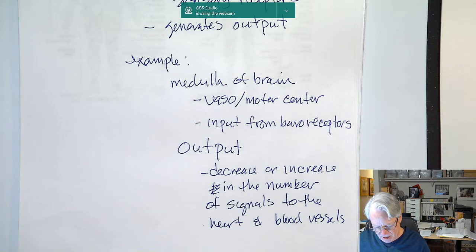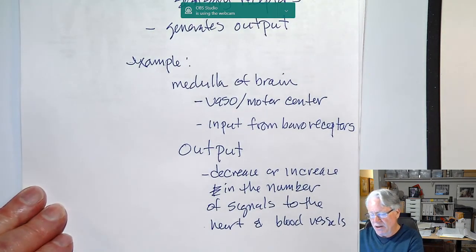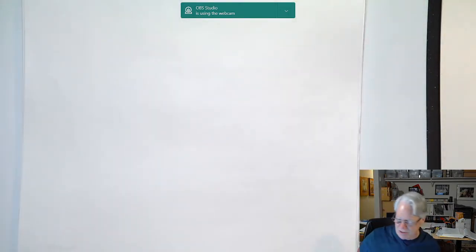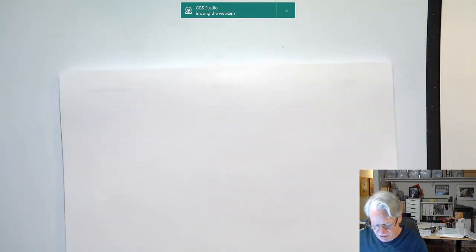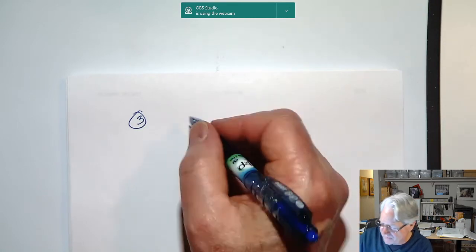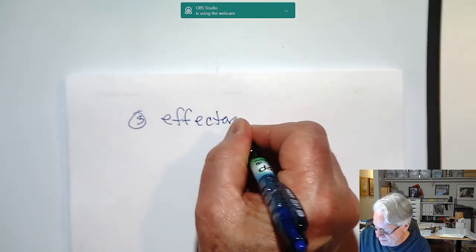Okay. Now, the final piece of the puzzle is going to be the effector. So we have input, we have integration, and then we have output, and something is going to respond or change that variable. Something has to control that variable. And that's the third piece of the puzzle, and we're going to call this the effector. Okay.